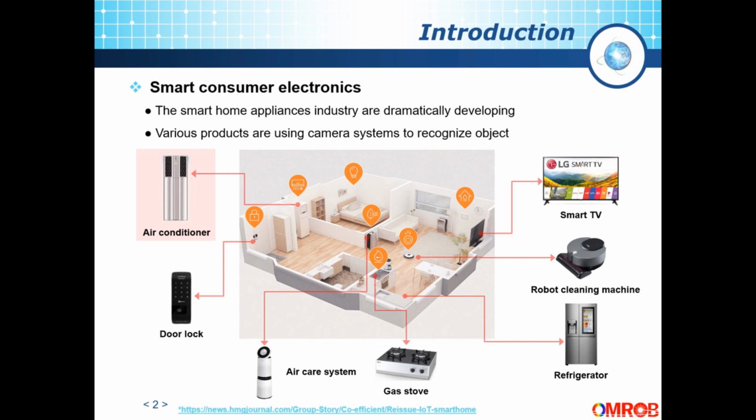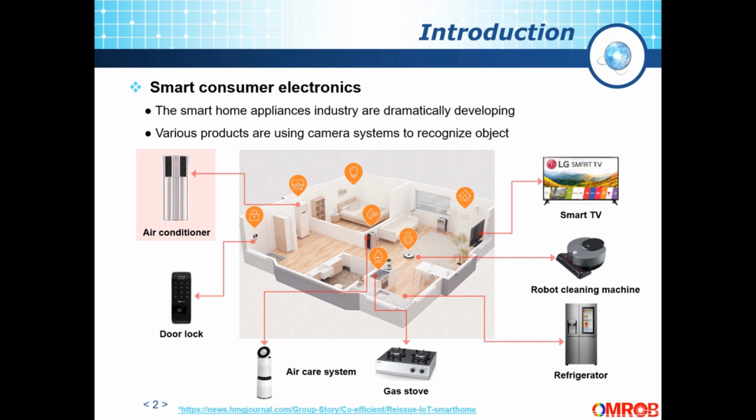Many types of smart consumer electronics have been developed. Various products are using camera systems with advancing technology to recognize object position and movement for human and machine interactions. Technologies that understand human behavior are very important these days.